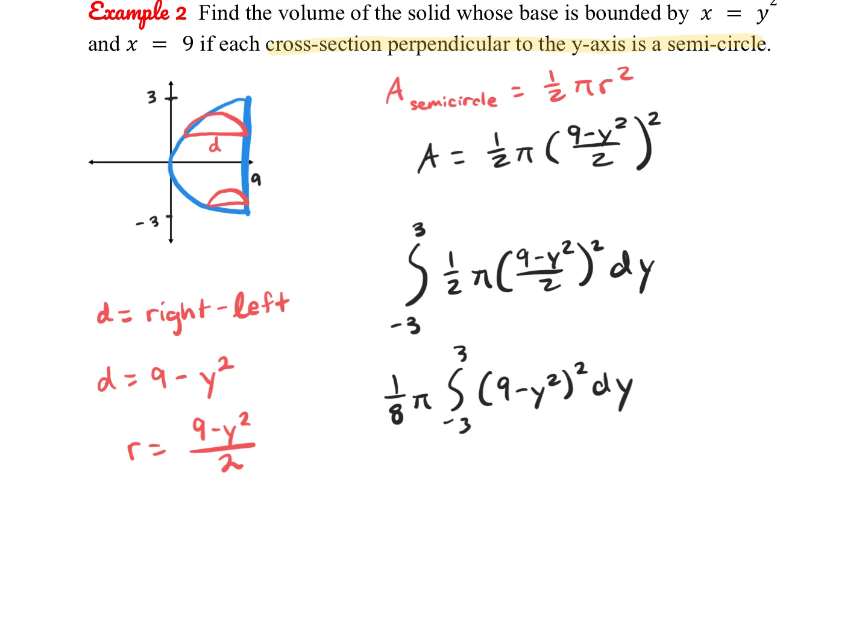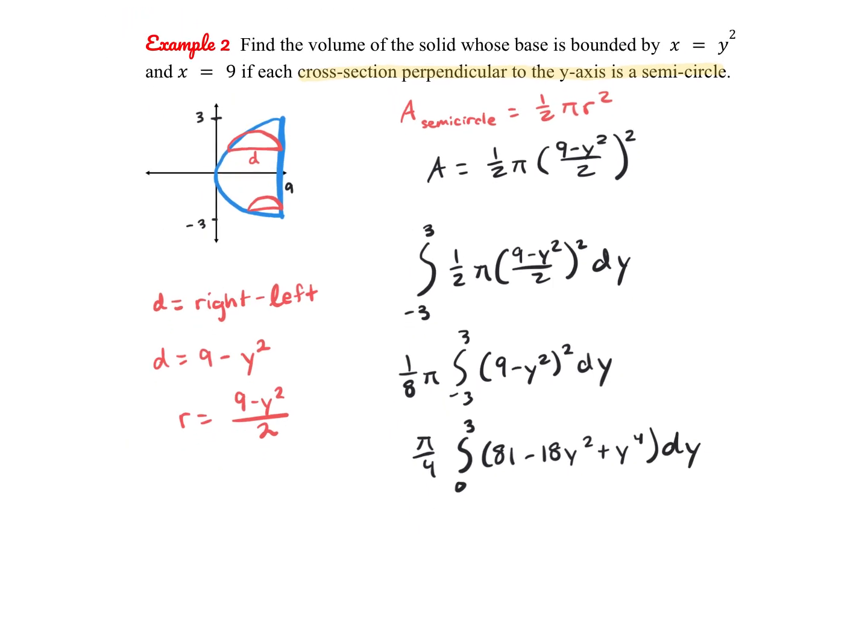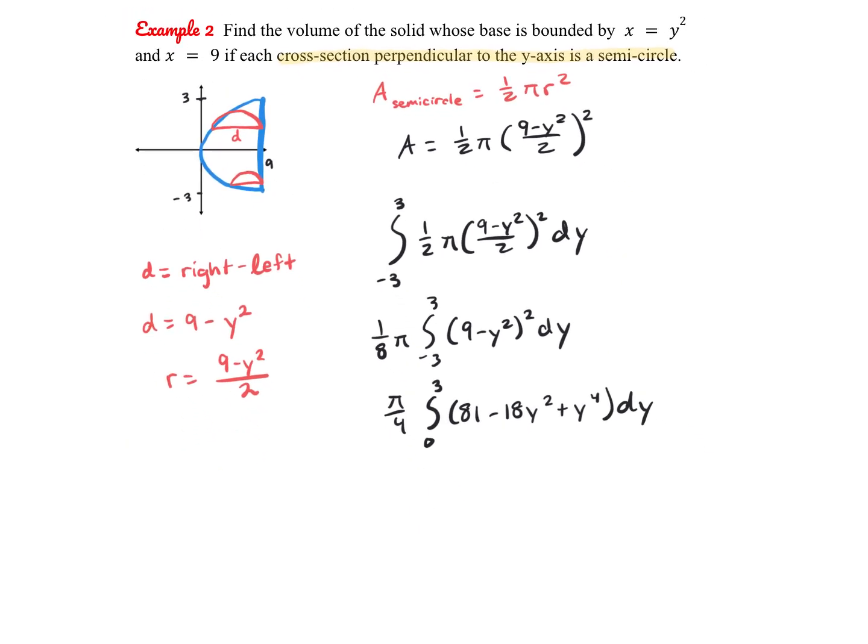We multiply by 2 out front, so it becomes pi over 4, and then we just need to integrate from 0 to 3. For this, we would multiply out this binomial like this, dy, and then it's just evaluating our indefinite integral.